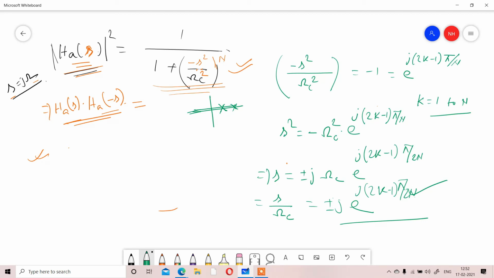You should not believe whatever I am saying. Always you will try to prove it. So you should prove that if we consider s by omega c, or simply s equal to plus that term, you will get the poles in the left hand side. How?